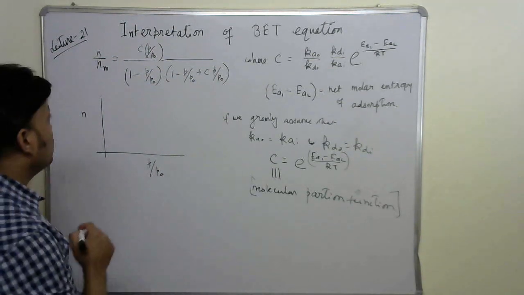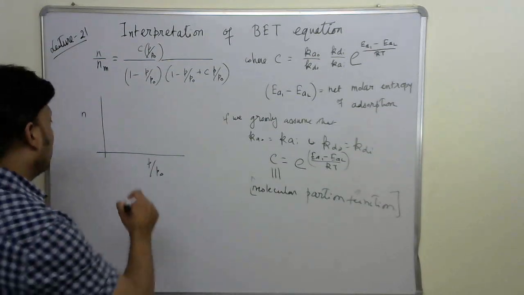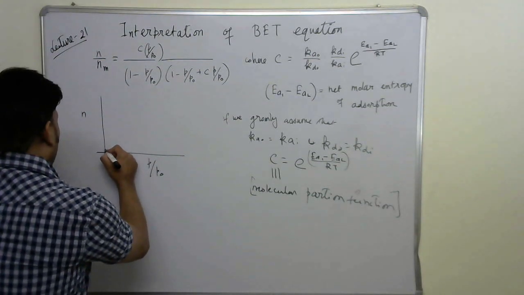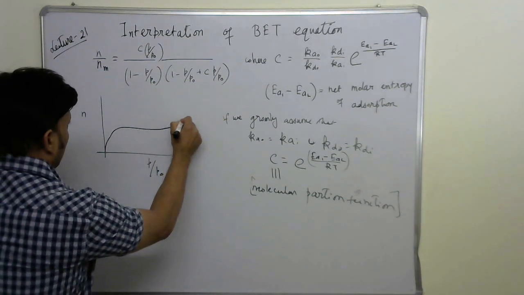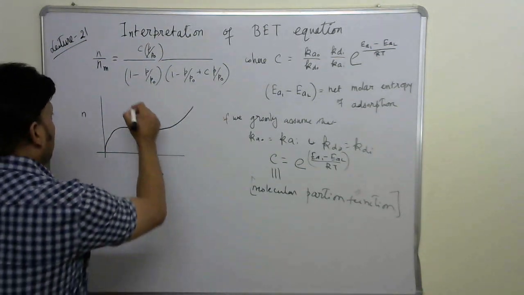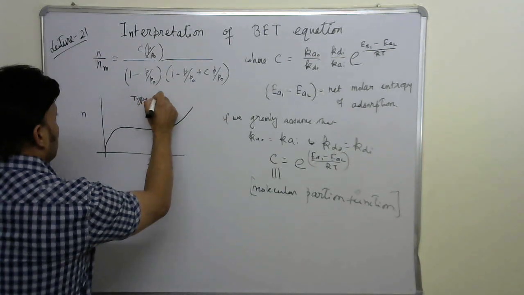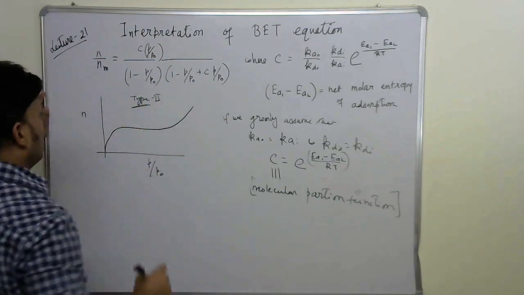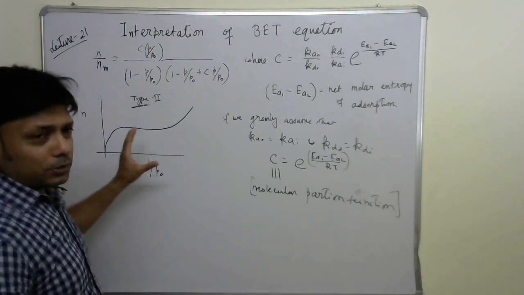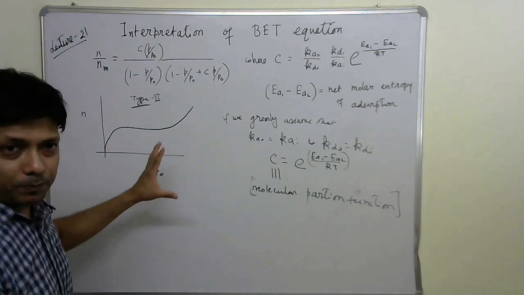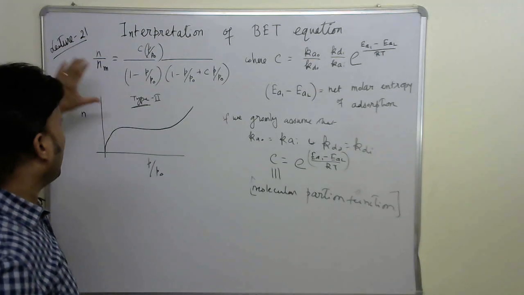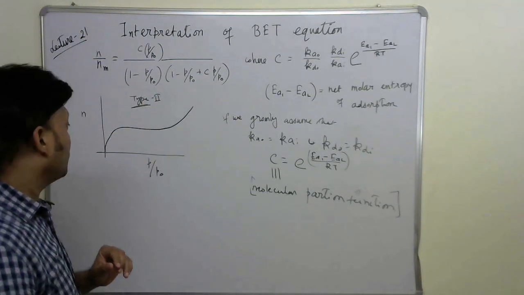So in general, arbitrarily, the plot would look something like this, which is nothing but a type 2 isotherm. So that means the BET isotherm successfully explained the type 2 isotherm, as it is.